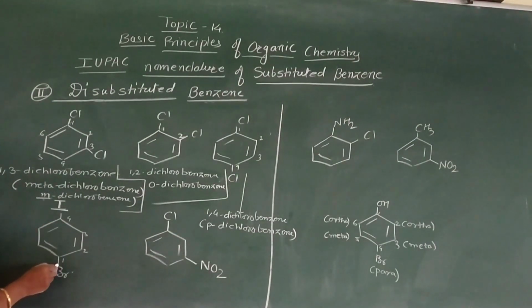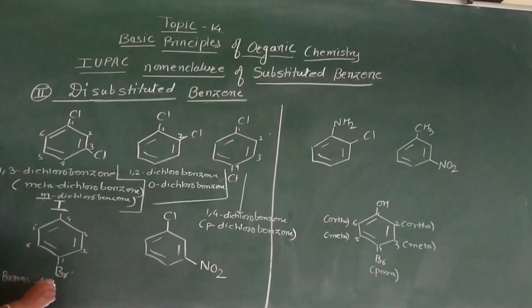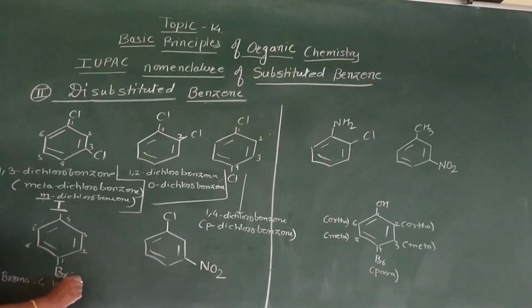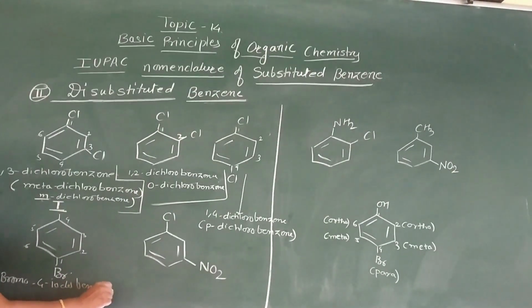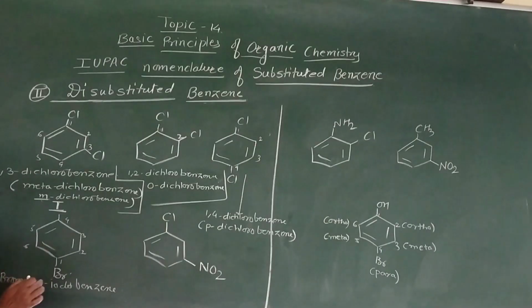Therefore give numbering from the bromine 1, 2, 3, 4, 5 and 6. It becomes 1-bromo-4-iodobenzene. The common name for this compound is para-bromoiodobenzene.